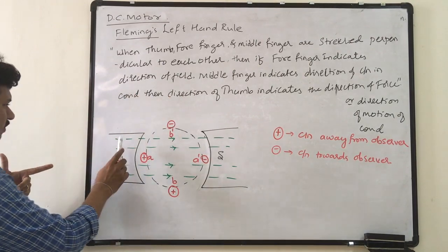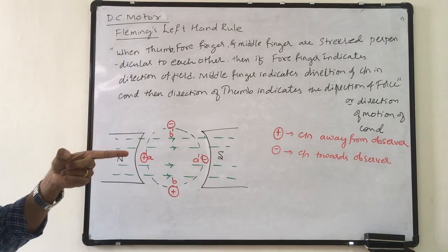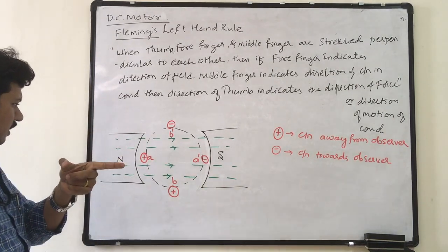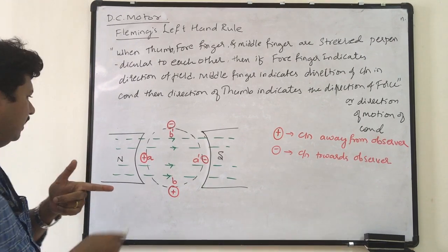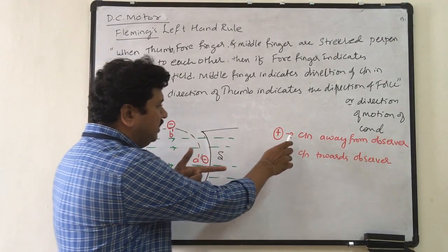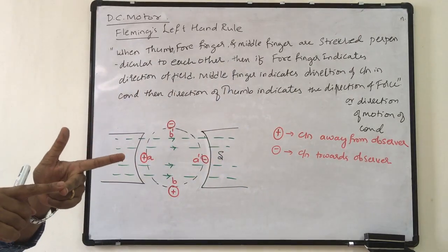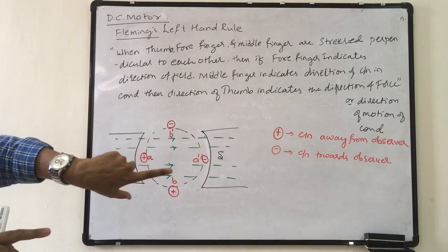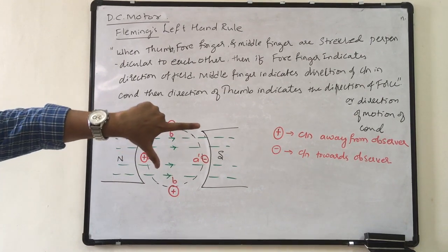Now the field is from north to south, that is left to right. Middle finger indicates the direction of current in the conductor. Now here it is plus, so plus current is away from the observer.